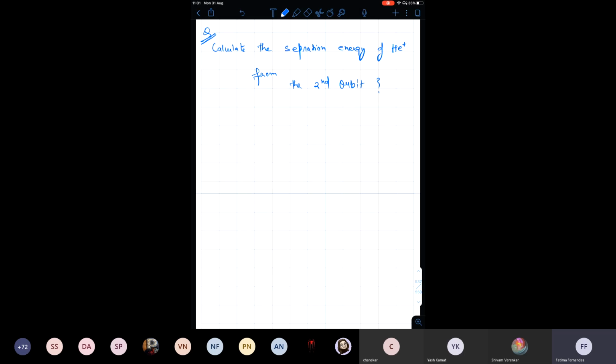Very good, Sanika. But have you understood the concept? By applying the formula you can definitely find the answer. Understood? It means that if that electron is present in the second orbit, then how much energy is required to remove it from the atom, and it belongs to helium ion. Got it, sir.